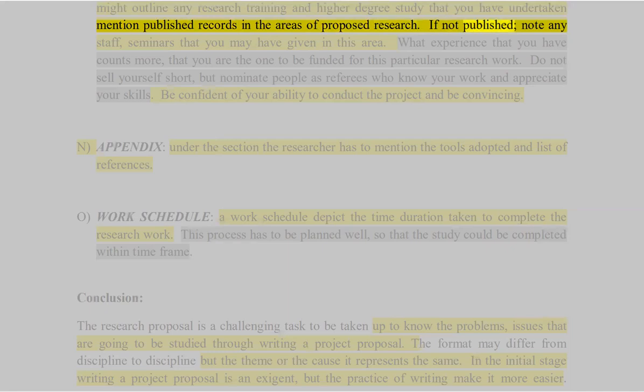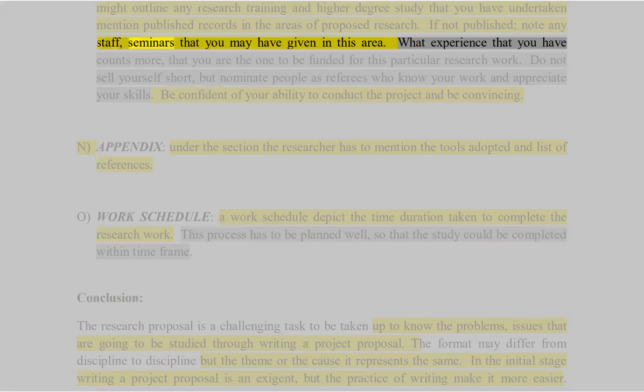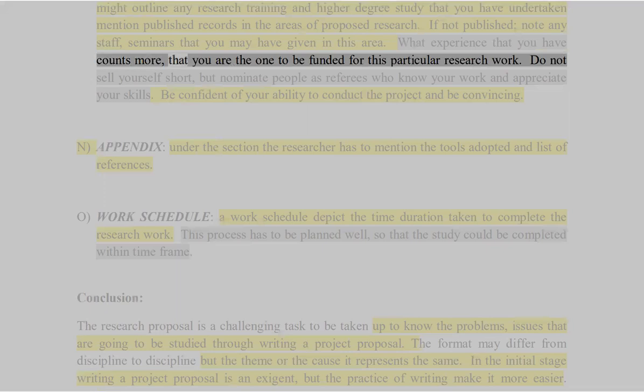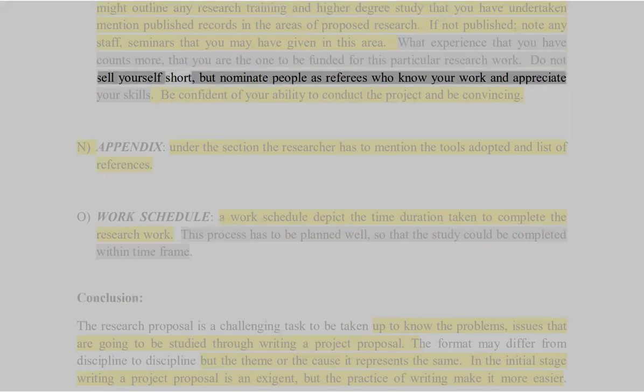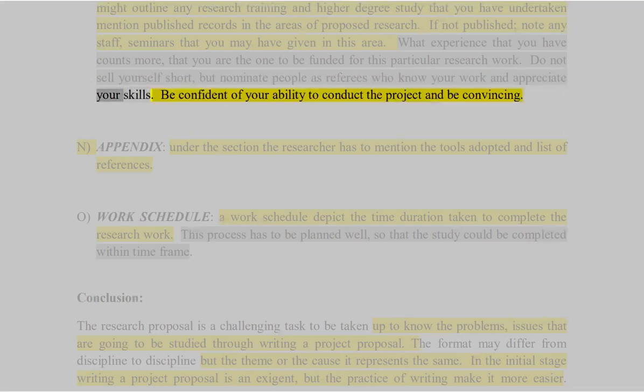If not published, note any staff seminars that you may have given in this area. The experience that you have counts more, showing that you are the one to be funded for this particular research work. Do not sell yourself short, but nominate people as referees who know your work and appreciate your skills. Be confident of your ability to conduct the project and be convincing.